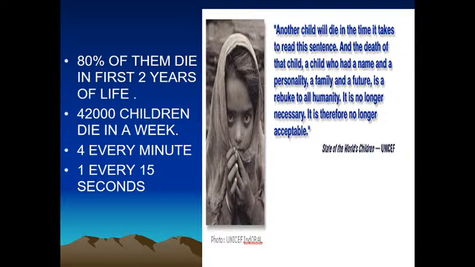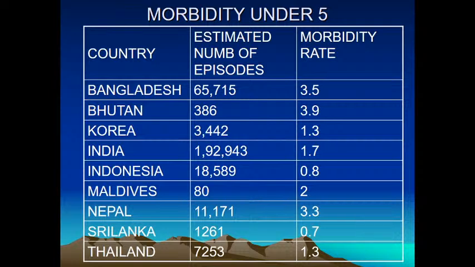So if you count it out, you can say about one child dies every 15 seconds. The number of episodes of diarrhea in India is said to be about 1,92,943, with a morbidity rate of 1.7 per thousand.